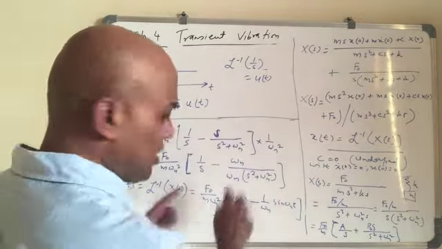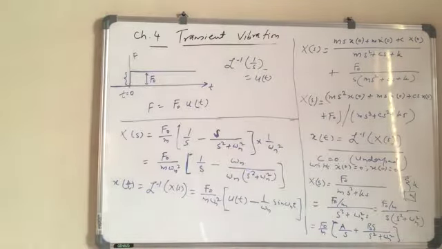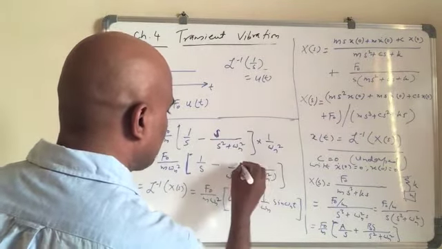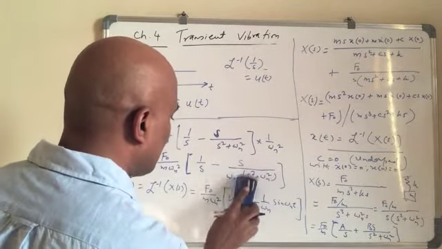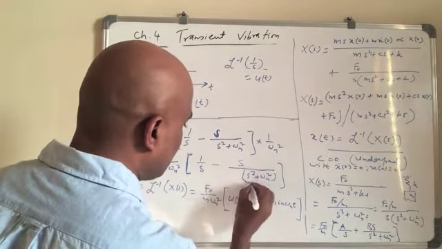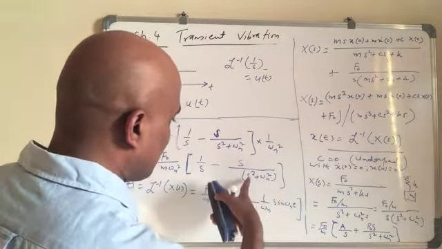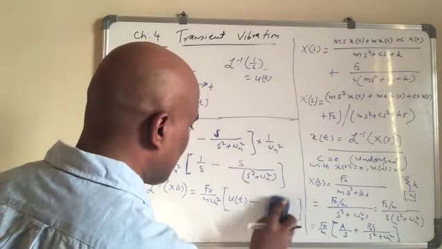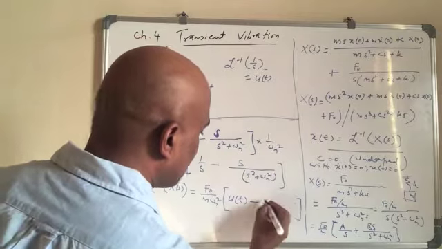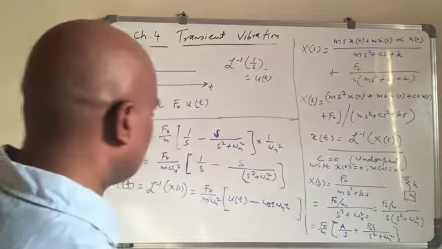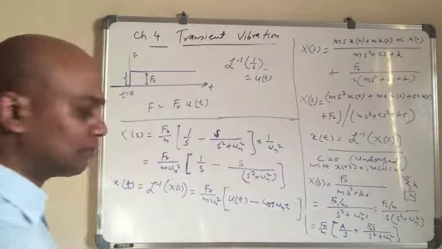So instead of omega n, we will have s here, so no need of doing this one, and what we get here is simply s over s square plus omega n square, which is cos omega n t. So we get here cos omega n t. Yeah, like this.